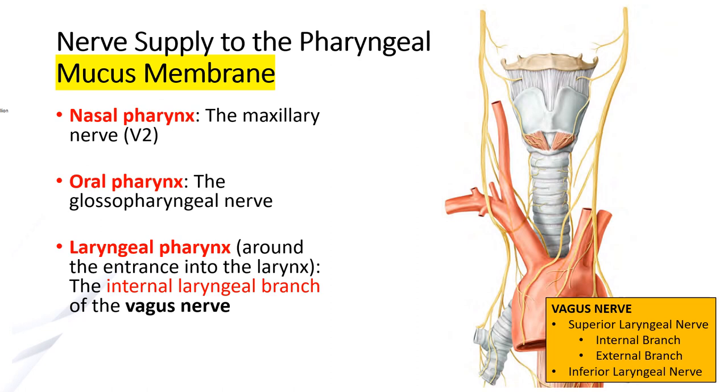For the laryngopharynx, or around the entrance into the larynx, it is innervated by the internal laryngeal branch of the vagus nerve. For review, this is the vagus nerve, and it gives off two main branches, the superior laryngeal nerve and the inferior laryngeal nerve, or what you would more commonly know as the recurrent laryngeal nerve.